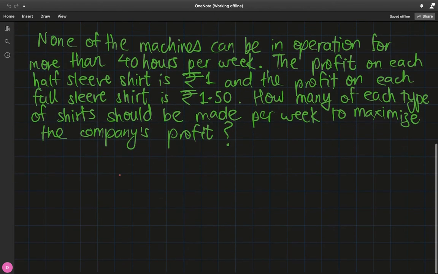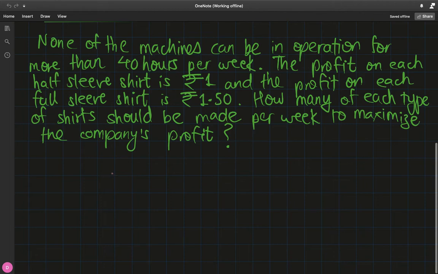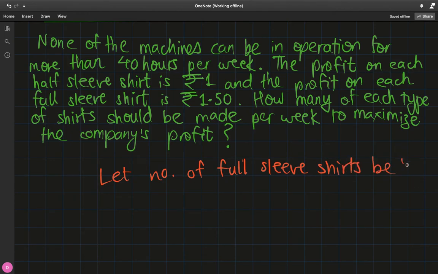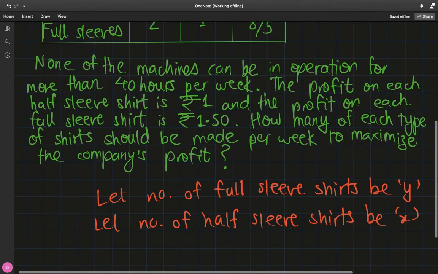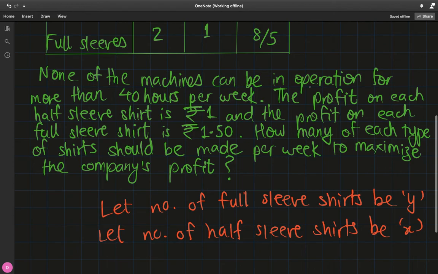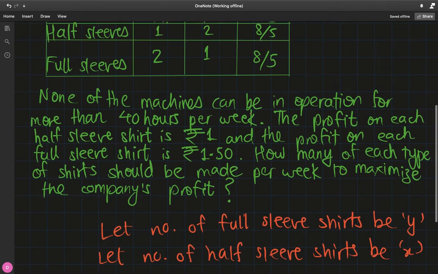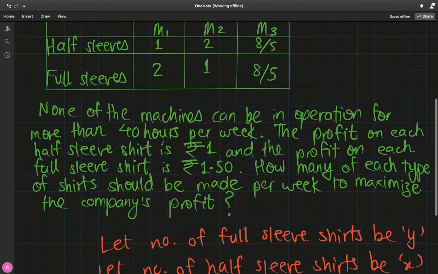So first of all, let the number of full sleeve shirts be y, and let the number of half sleeve shirts be x. And this is really useful because that allows us to write mathematically these constraints that are given. So they're saying that none of the machines can be in operation for more than 40 hours.